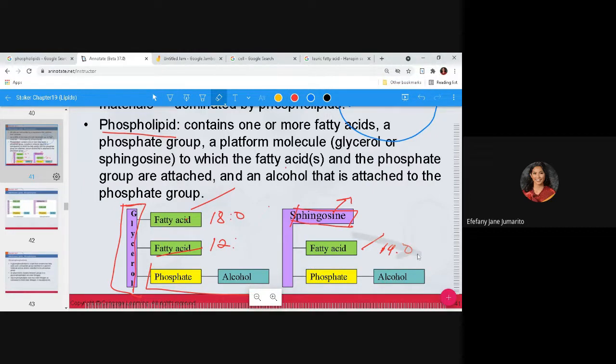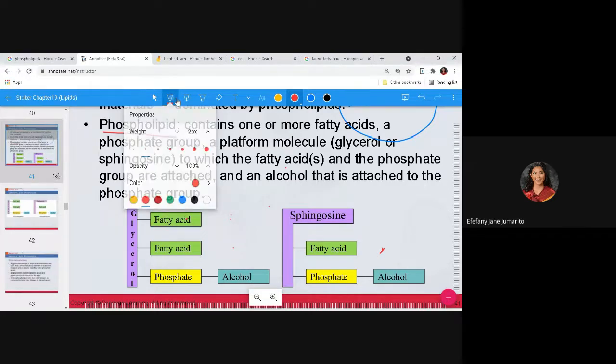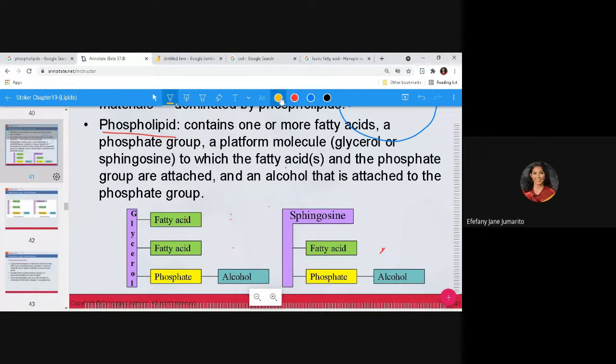Again, determine the polar and the non-polar group in your phospholipid. What are the polar groups here? What's the polar region?